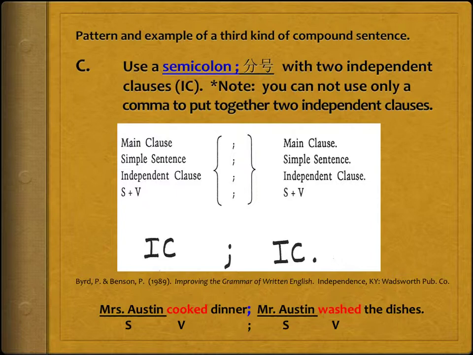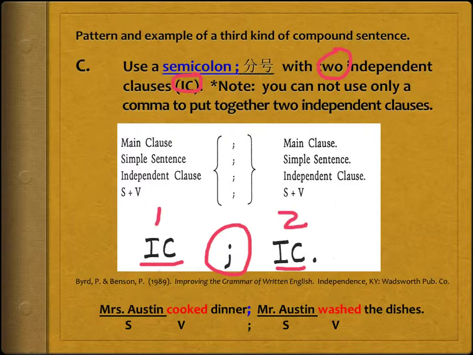The third pattern uses a semicolon also, and of course it's a compound sentence, so we have two independent clauses. Always two independent clauses with a compound sentence. This pattern is much more simple. We just have independent clause, the glue, a semicolon, and another independent clause. This pattern can only be used when the first independent clause and the second independent clause are very related to each other.